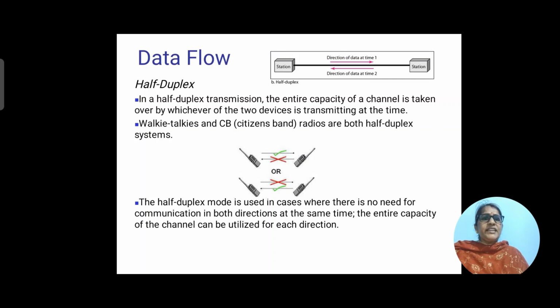The walkie-talkie and CB, citizen band, radios are both half duplex systems. So walkie-talkie is the best example of half duplex, because when one is talking, the other person only receives the data. When the other person talks, the first person only receives the data.